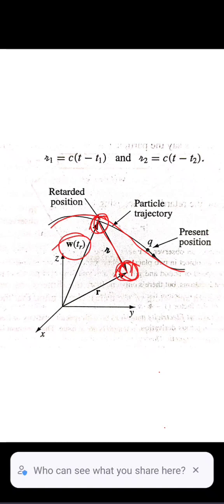In this case, consider two retarded times t1 and t2. Curly R1 and curly R2 give the distance from retarded position 1 to the field position and from retarded position 2 to the field position. So R1 is equal to c times (t minus t1), and R2 is equal to c times (t minus t2).